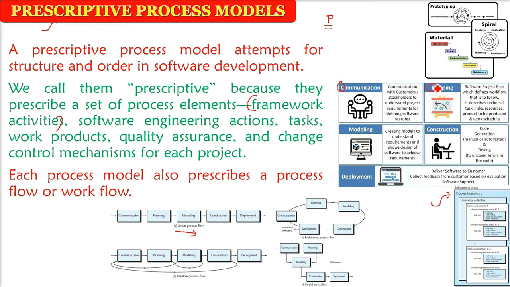So these were 5 major framework activities. And I also told you that framework activities have actions and task sets. But every model will also tell you the workflow of these framework activities. It can be linear, iterative, evolutionary, or even a parallel process flow, right? So what is the flow of these activities?